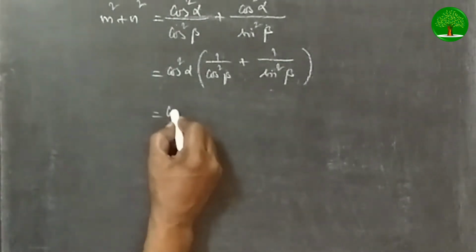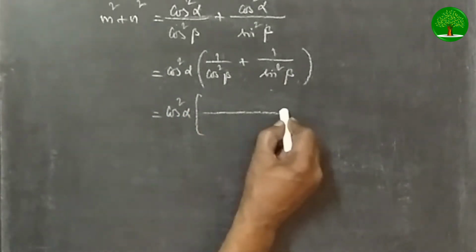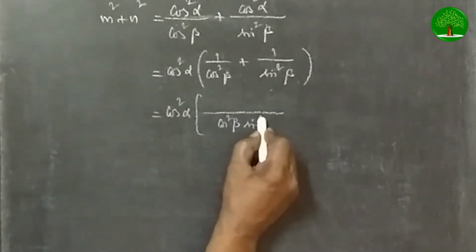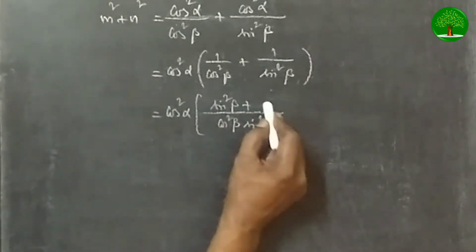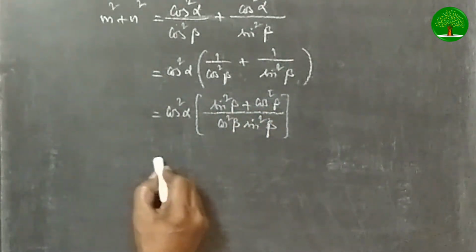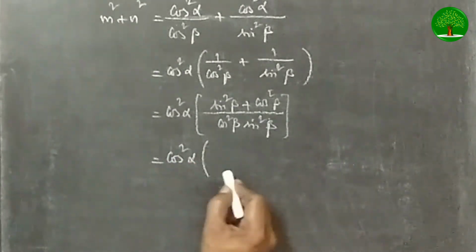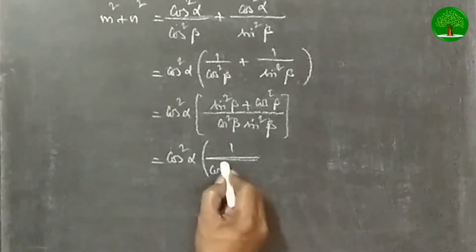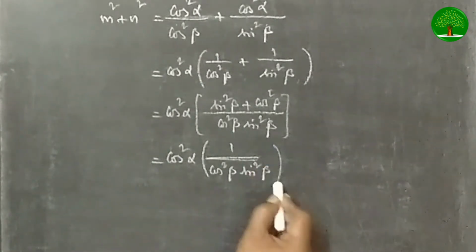Now taking LCM for this, cos square alpha bracket, sin square beta plus cos square beta over cos square beta and sin square beta. This is equal to cos square alpha bracket 1 by cos square beta sin square beta.